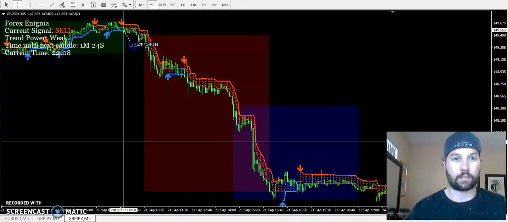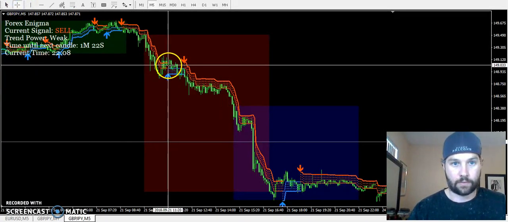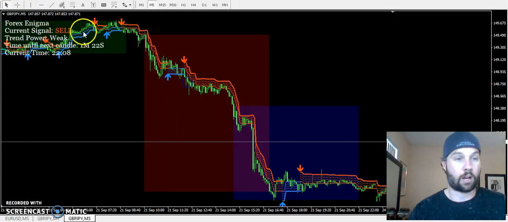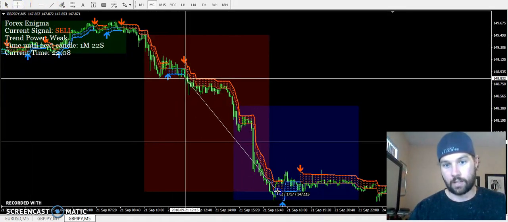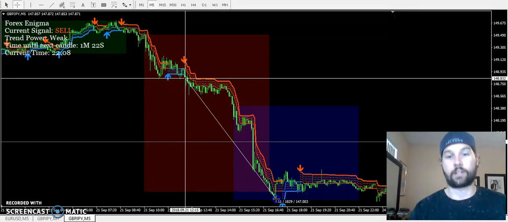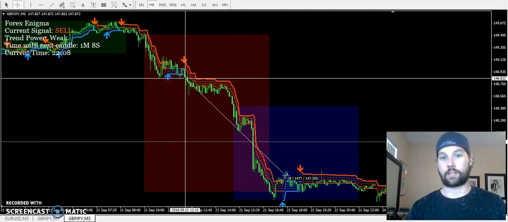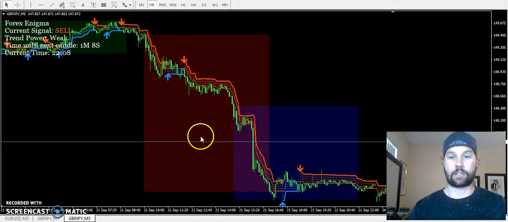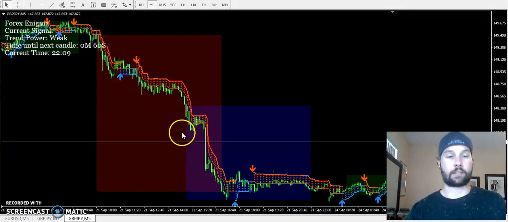This is pretty late Asian, pretty early on the London, but 72 pips. Again, if you caught this one right here, that would have been a loss of about 25 pips, but then check this out. You get in, and you can ride it all the way down 180 pips. You would have got the next signal at about 147 pips, so easily makes up for these losses. This was on Friday, so it just kind of fizzled out here.